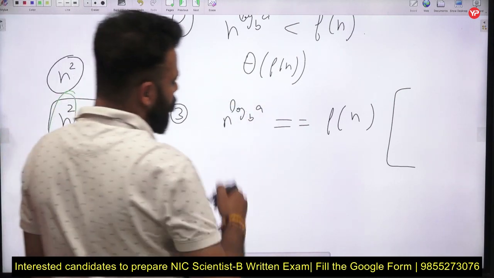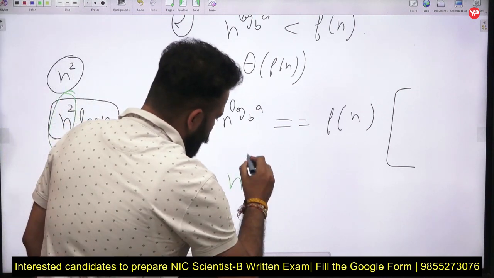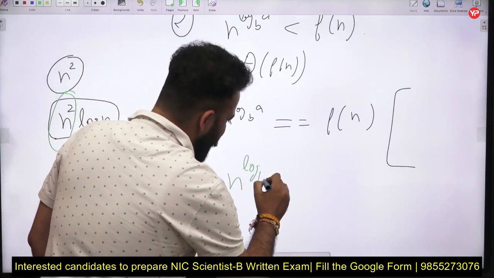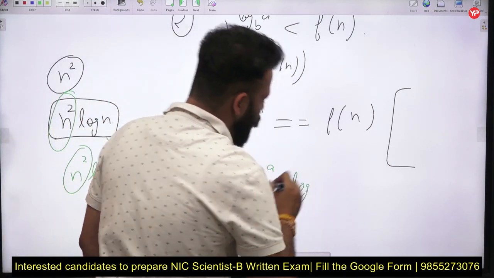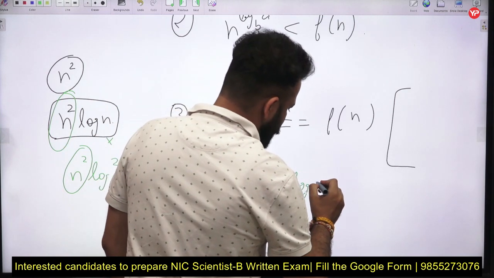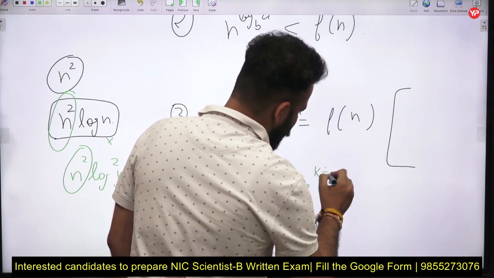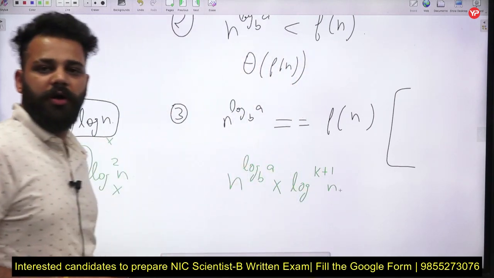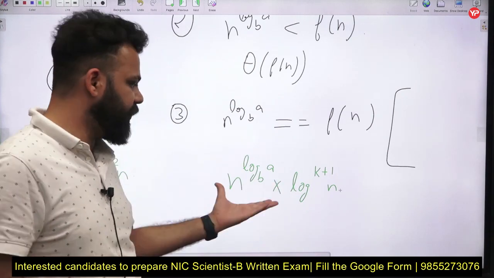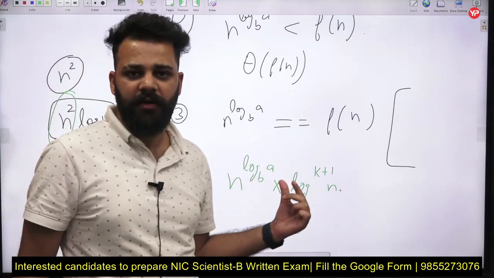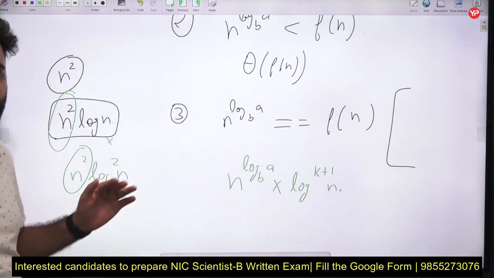Now if they are equal, the time complexity will be nothing but n^(log_b a) · log^(k+1) n, log n raised to power k plus 1. Now how does this come out to be? We know that this case comes when these two are equal, and we are only comparing the n part and leaving the log n part.